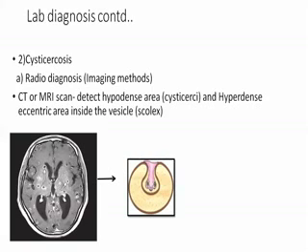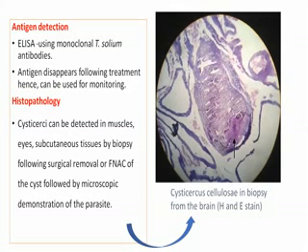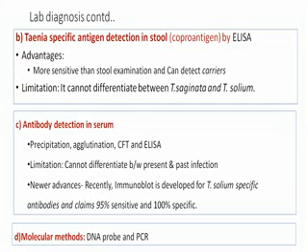Hyperdense areas represent scolices. And next, we can go for antigen detection, that is by ELISA or complement fixation or latex agglutination and precipitation methods. All of these are helpful to identify the antigen.